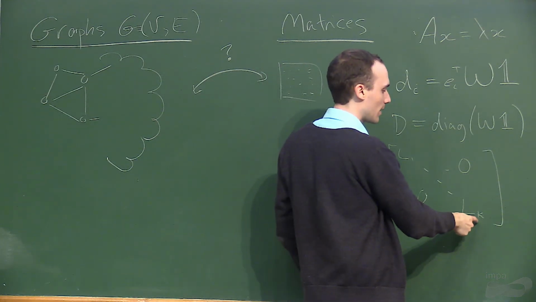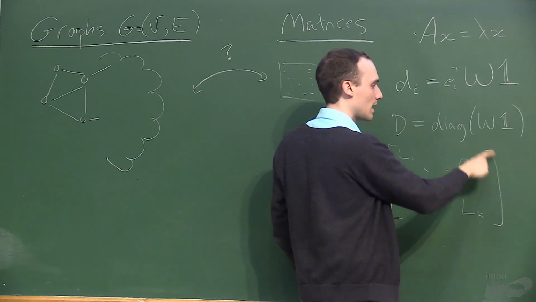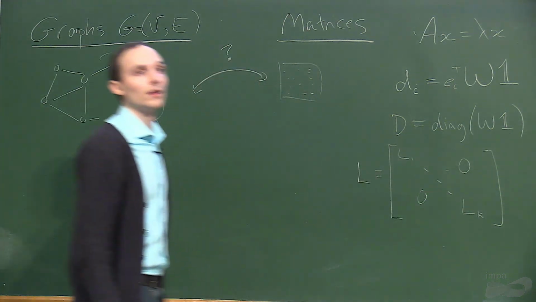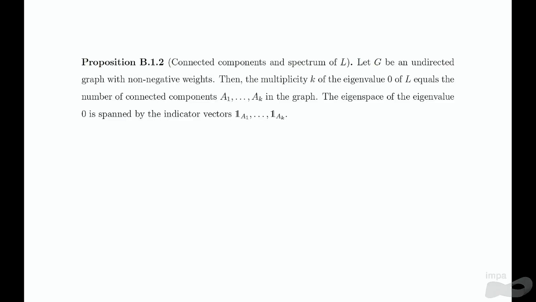So there's an eigenvector here that picks out each block and is 0 on the remainder. So if we're willing to believe that or check all the details, then what we've established is precisely that there's a correspondence between the multiplicity of the eigenvalue 0 and the number of connected components, right?